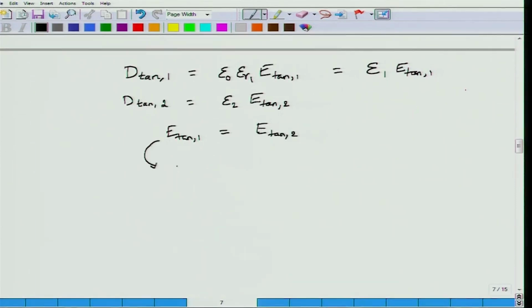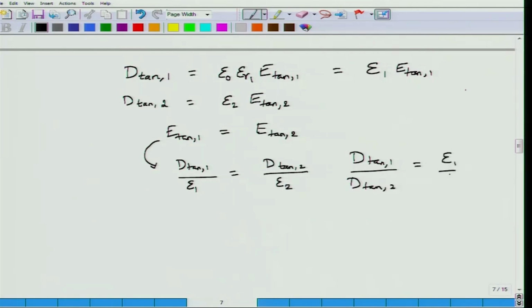Since E tan 1 becomes D tan 1 divided by epsilon 1, that must be equal to D tan 2 divided by epsilon 2, or the ratio of the tangential D fields in medium 1 to medium 2 must be equal to the corresponding permittivity ratio, epsilon 1 by epsilon 2.